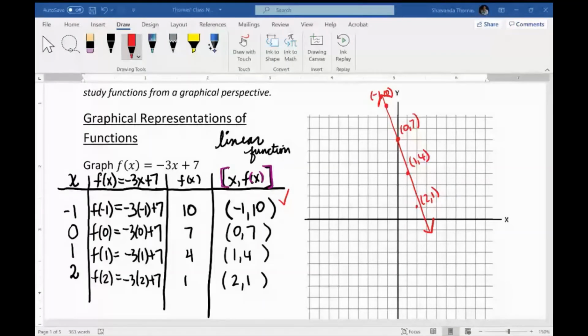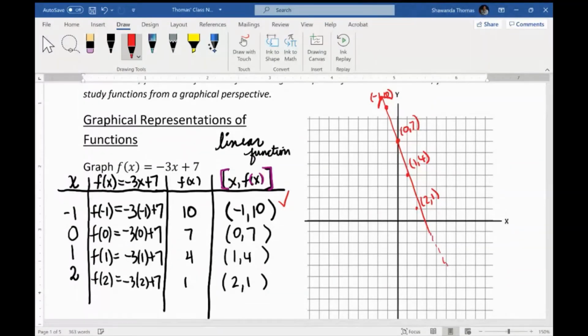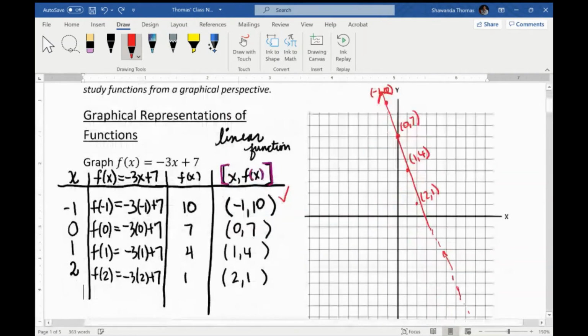Now let me say this: in WebAssign or in your textbook, they don't put arrows on the end, but what they'll do is they'll continue this line off the graph, and you can see it going off the graph, right? That means that it's continuing forever.